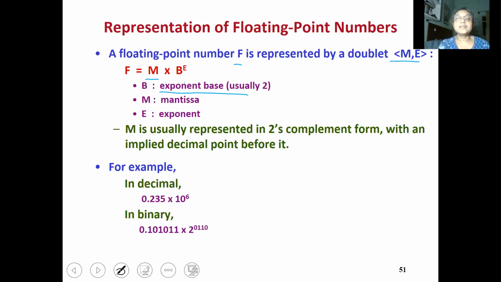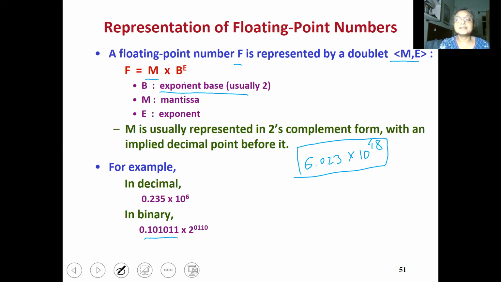So a number we can represent as, let us say, 0.101011 into 2 to the power 0110. For example, in a decimal number, we can represent, let us say, 6.02 into 10 to the power 48.